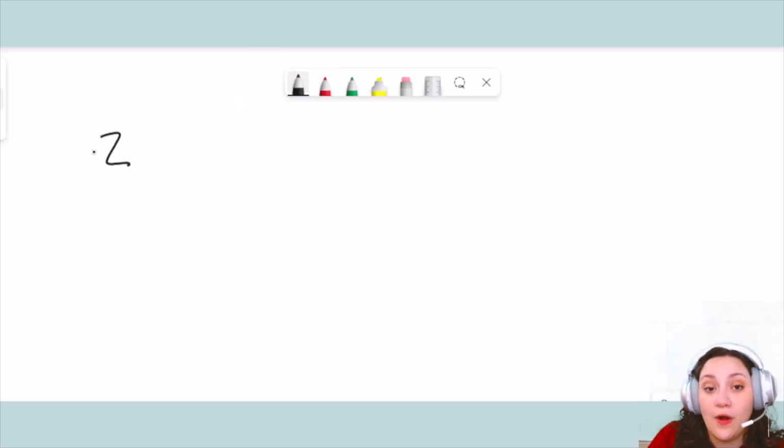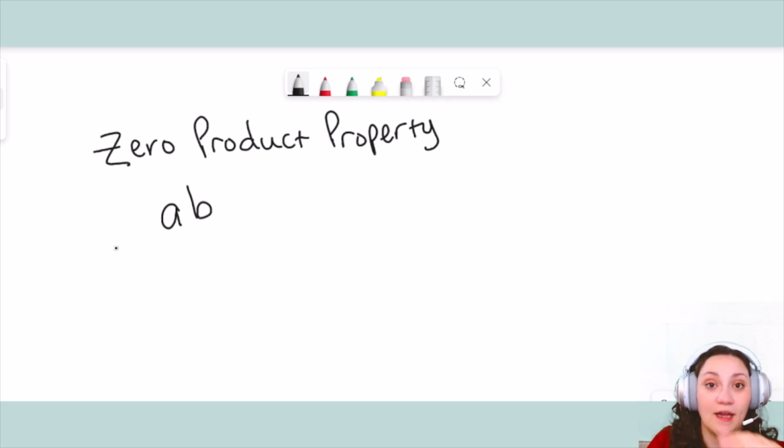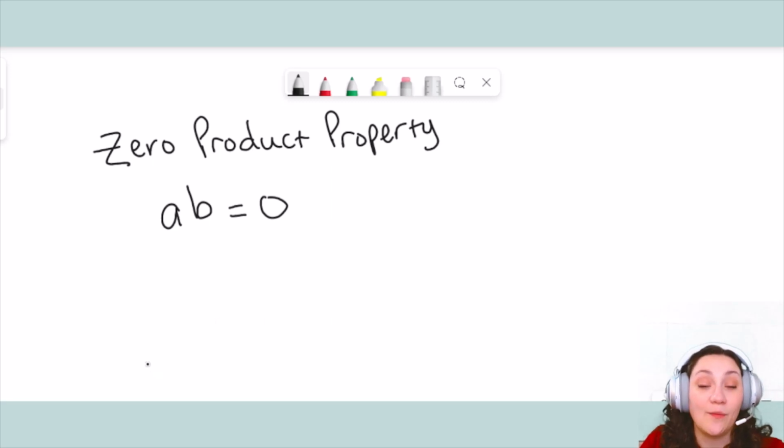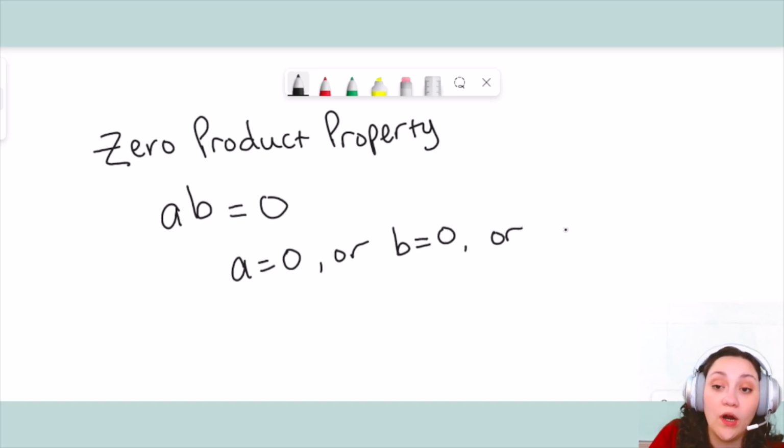The other property that I want to remind you of is the zero product property. So the zero product property says that if I have two things, they could be variables, they could be numbers, they could be expressions, and they're multiplied together, and I know that they are equal to 0 when they're multiplied together, then I know that either A has to be equal to 0, or B has to be equal to 0, or both have to be equal to 0.